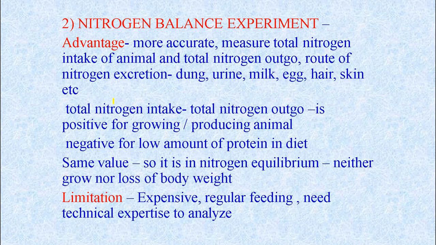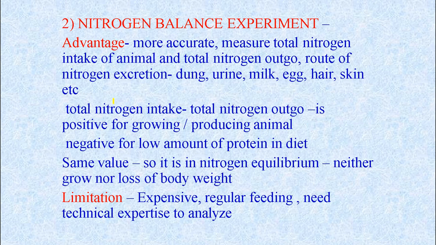Then a nitrogen balance experiment will be conducted in a nutrition laboratory. This has more advantages, like accuracy, then total nitrogen content, then nitrogen excretion proportion, like the dung, urine, milk, egg, hair, skin.